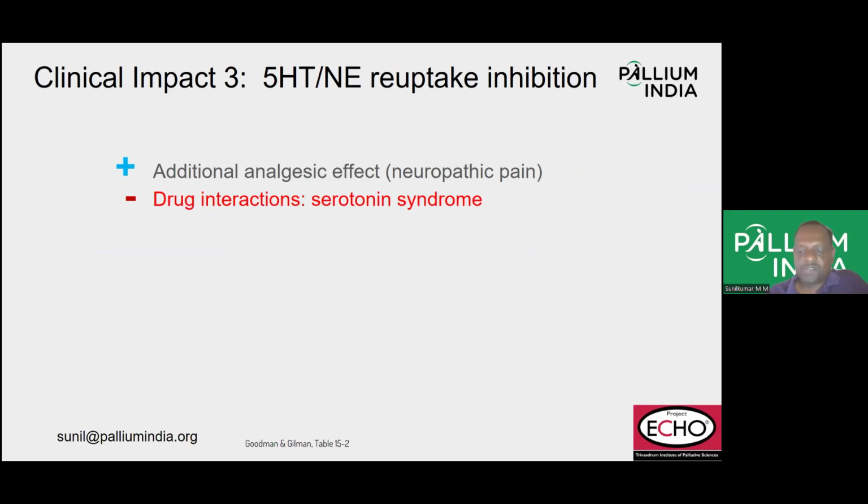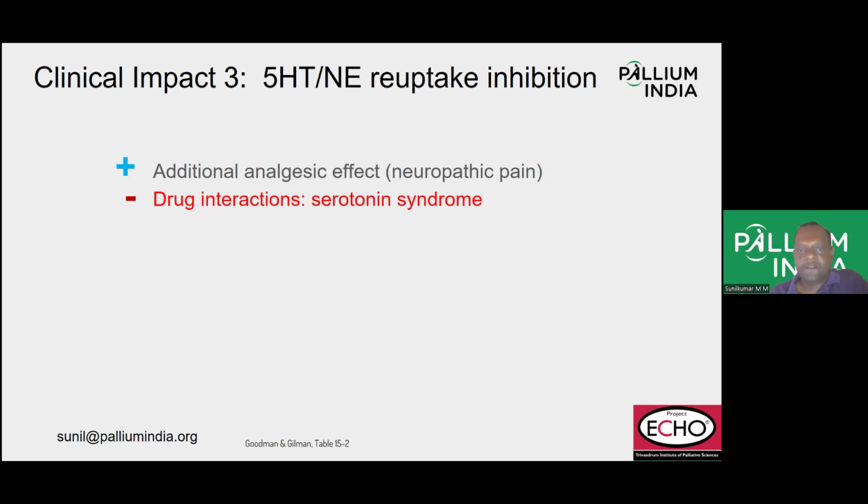Any medication which causes inhibition of reuptake of serotonin, thereby increasing serotonin levels, can cause something called serotonin syndrome. Methadone, as I told you, acts like a tricyclic antidepressant, and tramadol is another medication which also has this tricyclic-like action.